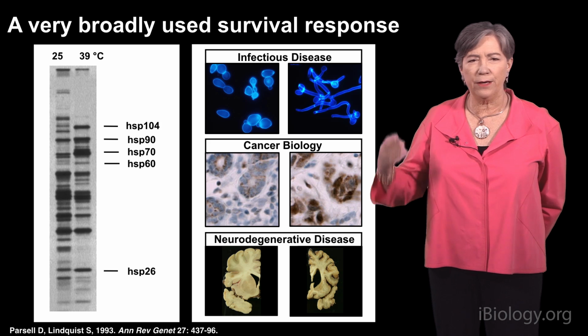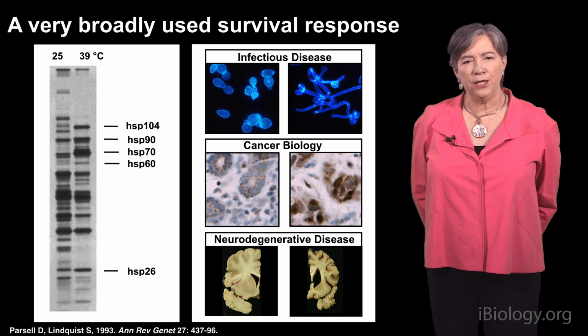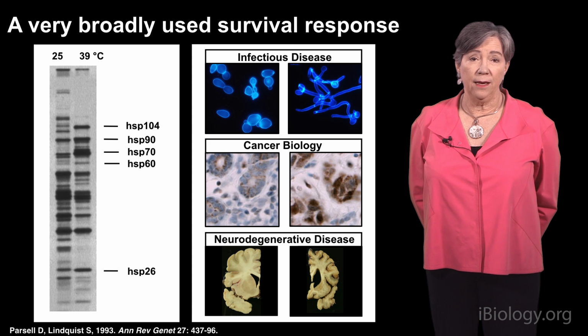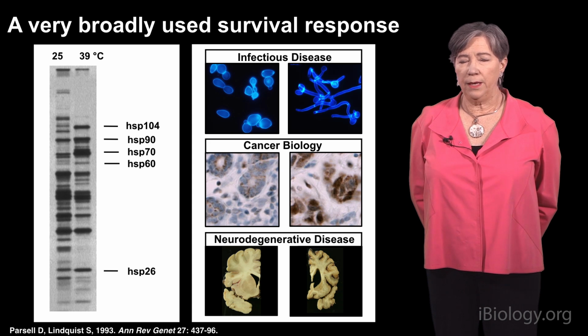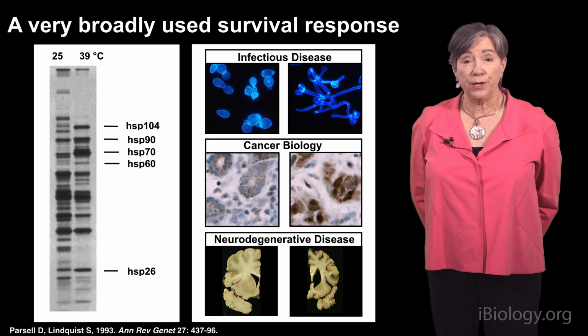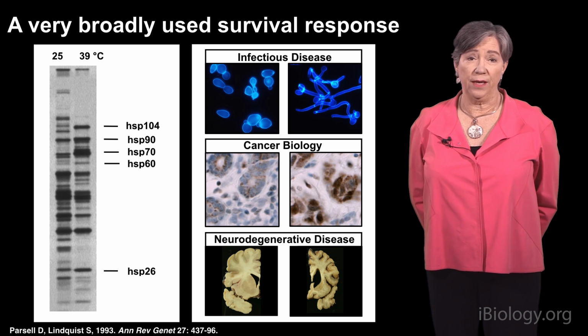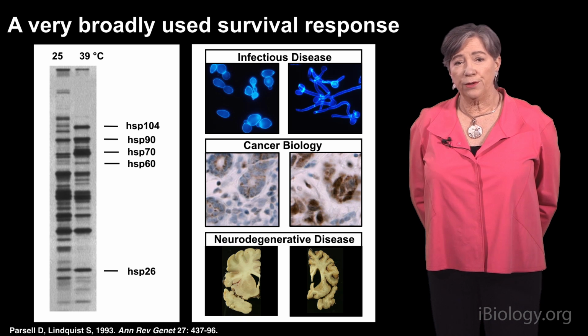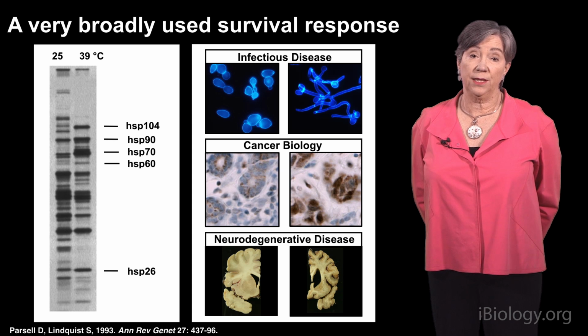They just stick right out at you on the gel. They're called HSPs, for heat shock proteins, because they were first found in response to heat. But we now know that actually they exist and they are induced and made at higher levels in response to just about every stress you can think of. So higher temperatures, osmotic stress, changes in pH, changes in energy balance in the cell.